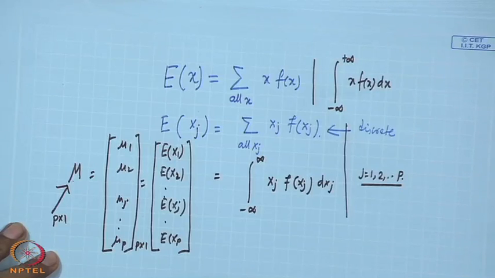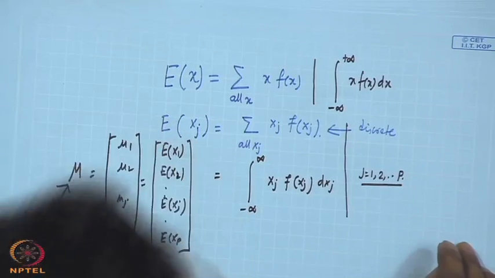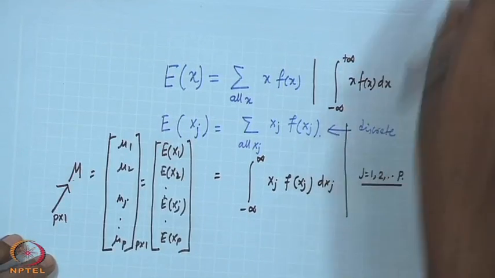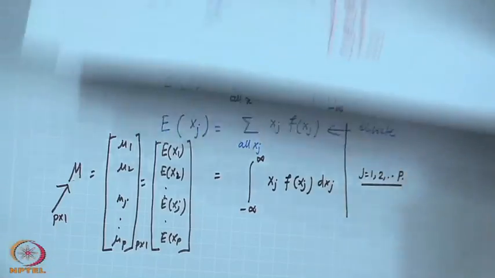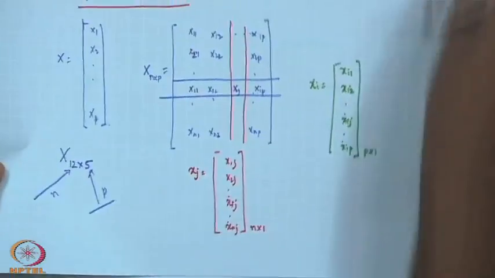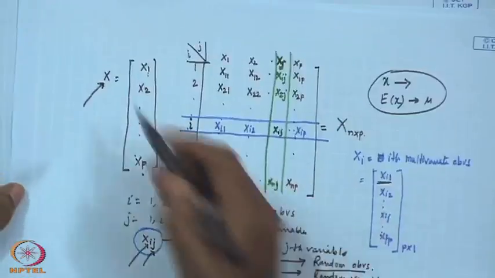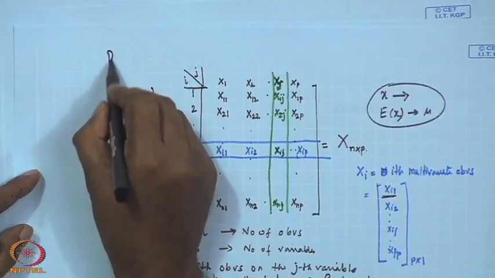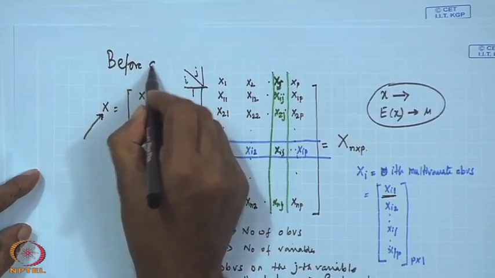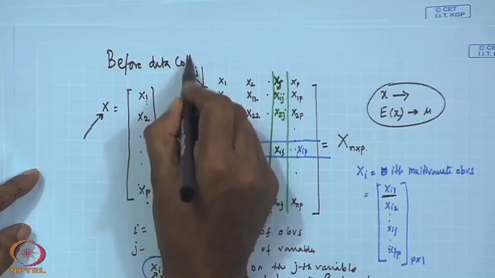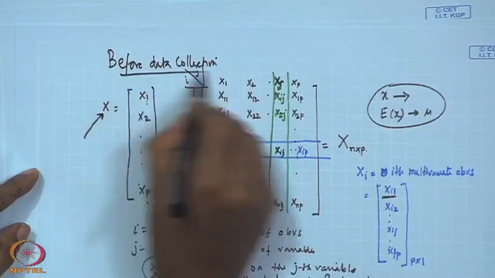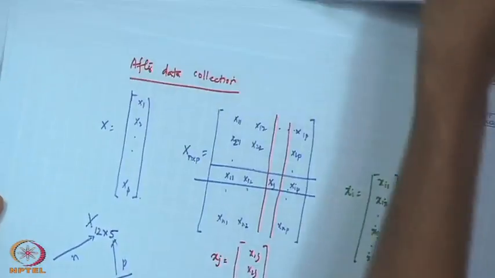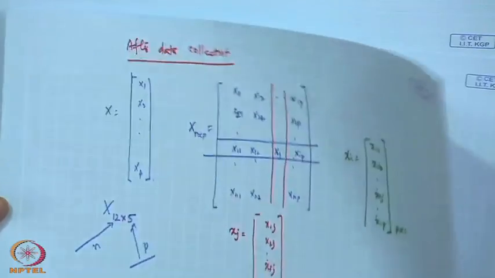Correct? So, when you collect data, we have two sets of matrices. One matrix is before data collection, where we have not collected data. With respect to this, we are developing this one.